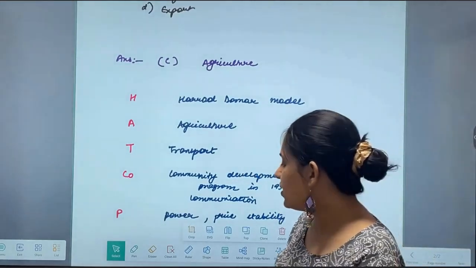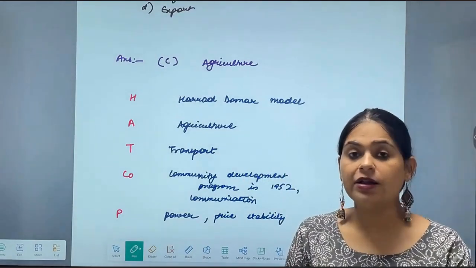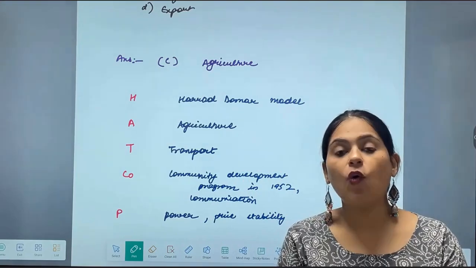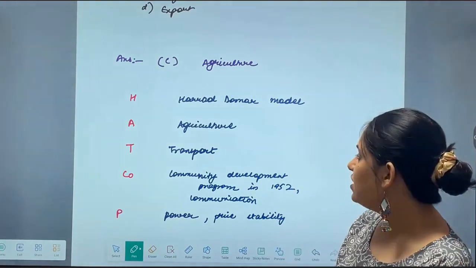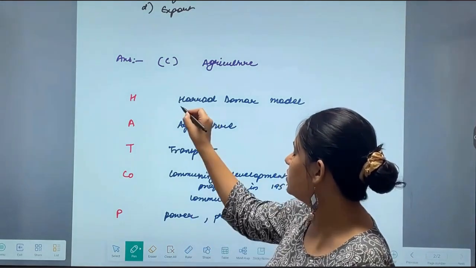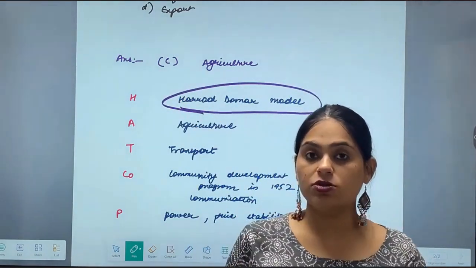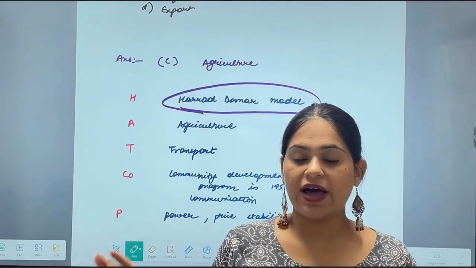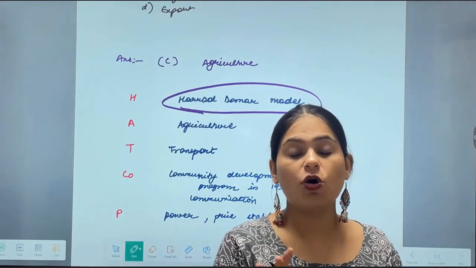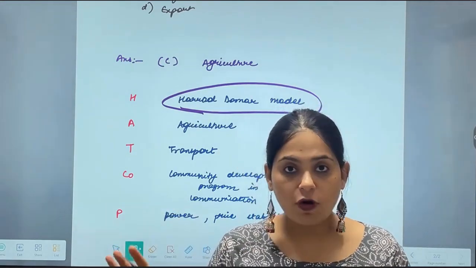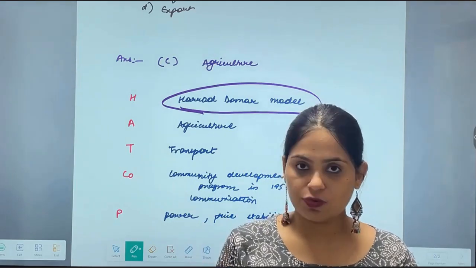Okay. So when I talk about the first 5-year plan, it was focusing on the agricultural sector, right? We were focusing on the Harrod-Doman model. You should remember the different models also. Whether it is the Harrod-Doman model, the Mahalanobis model, or the Gadgil model, what model we are talking about should be very, very clear to you, right?